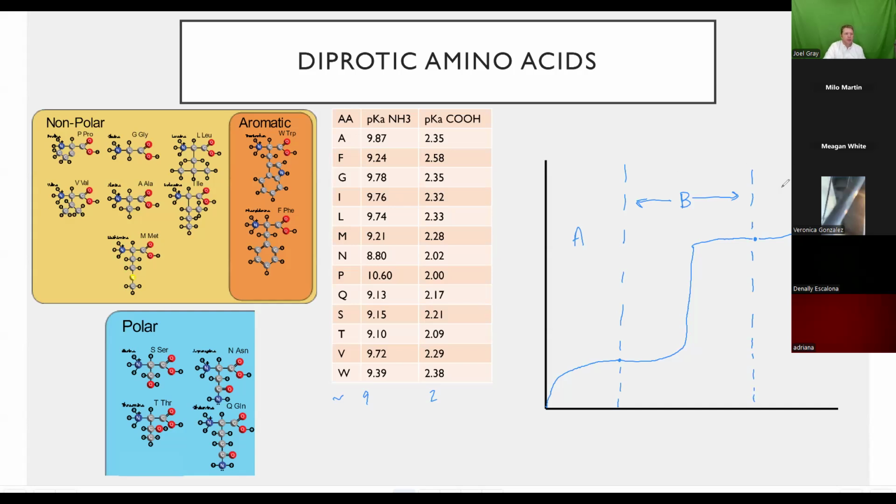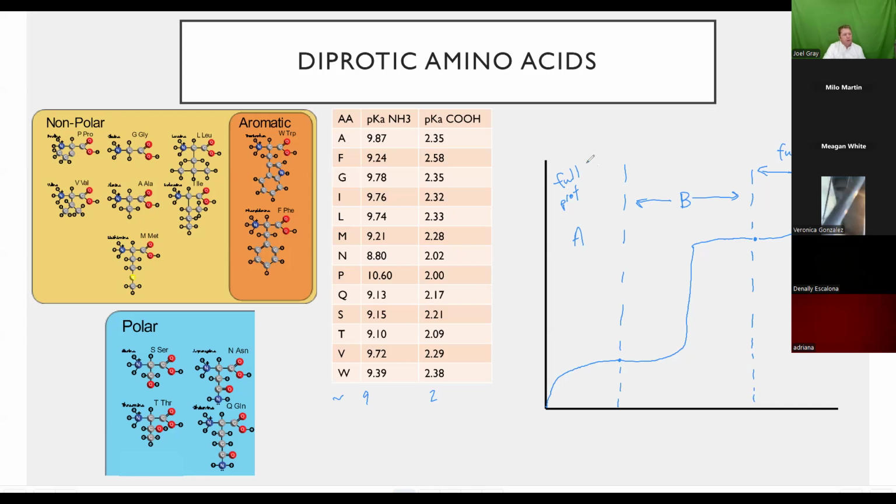And then this part C, from the dashed line on into infinity, my molecule is going to be fully deprotonated. So this is what your titration curve for a diprotic amino acid is going to look like, or heck, any diprotic acid.